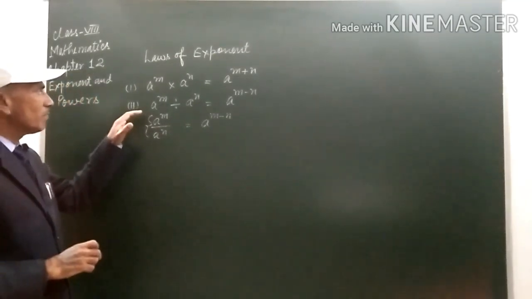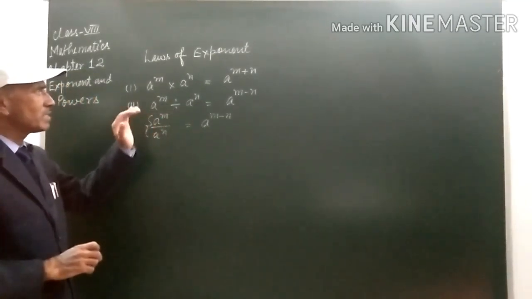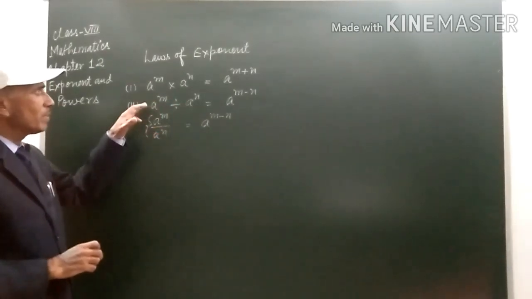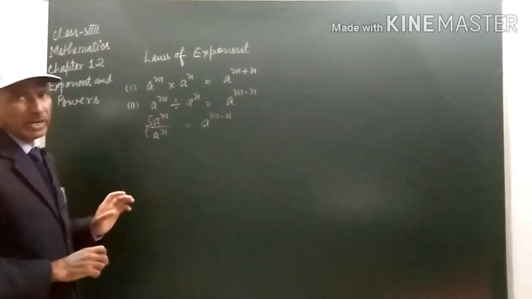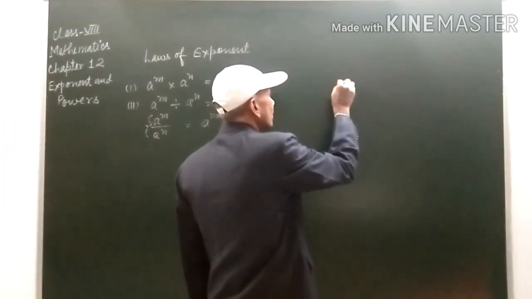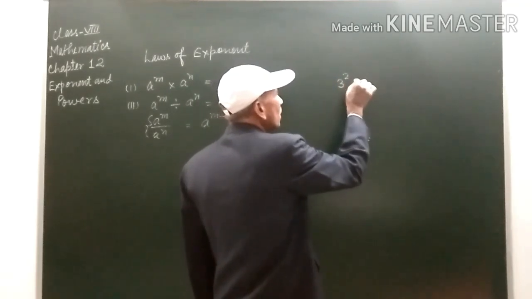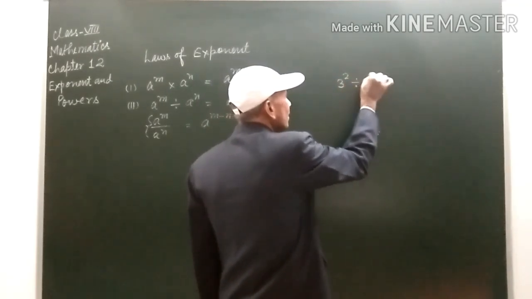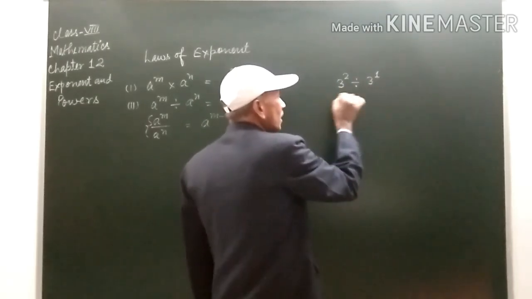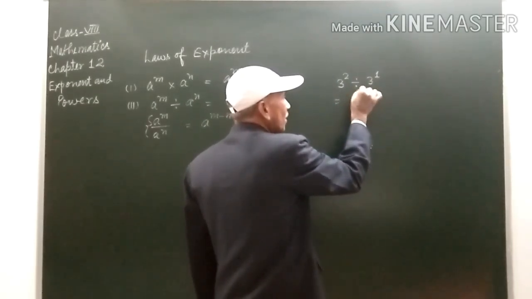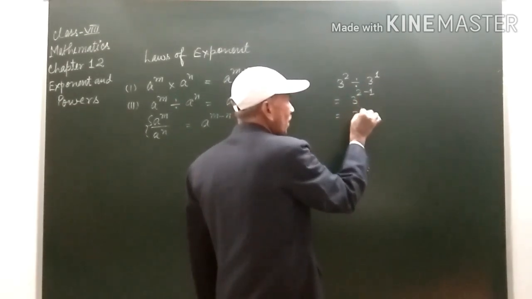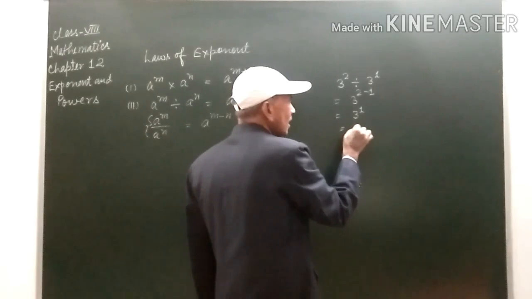It means if there is a sign of division between two numbers and the numbers are the same, the powers will be subtracted. For example, 3 to the power 2 divided by 3 to the power 1 means 3 to the power 2 minus 1, which is equal to 3 to the power 1, that is 3.